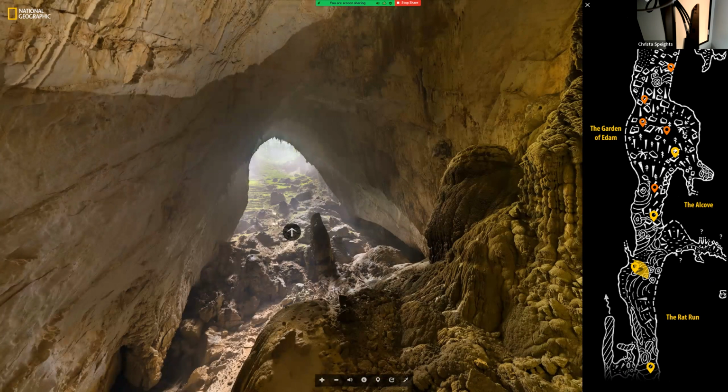But where we just were, even right here, is far enough from the entrance that without using extra lights to light it up, it would still be very dark here. You might be able to see the sunlight at the entrance, you'd be able to see that there's an entrance there, but we're still very far from it, and you wouldn't be able to see far enough to walk safely.